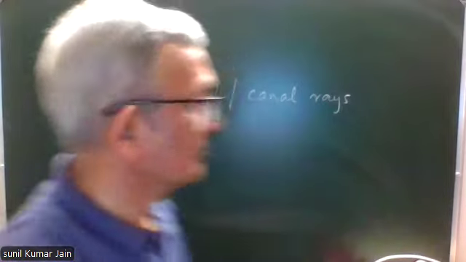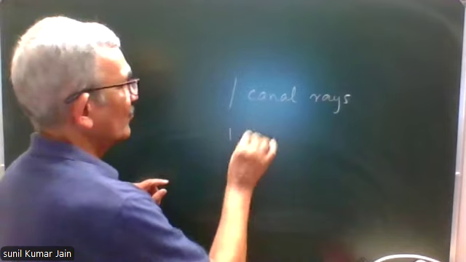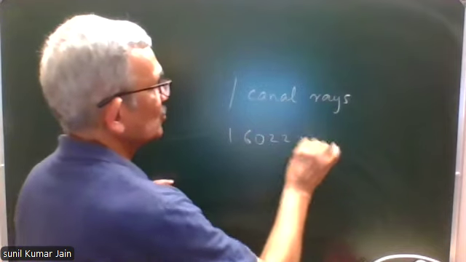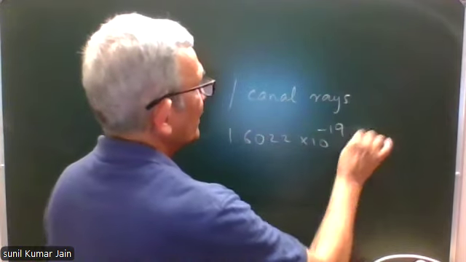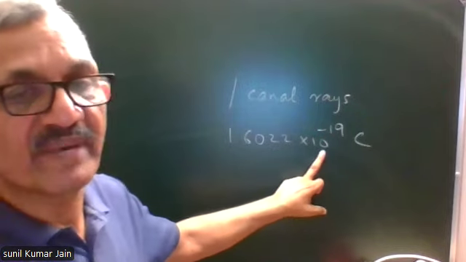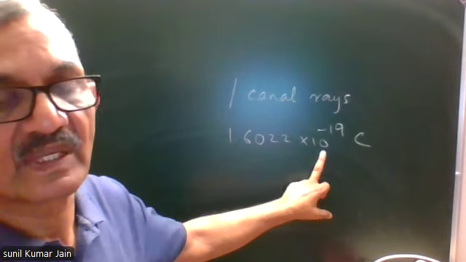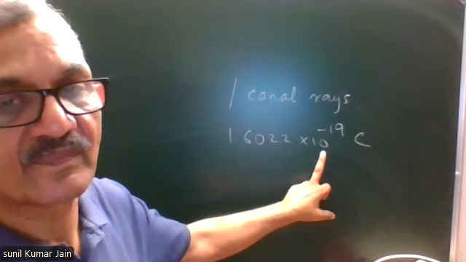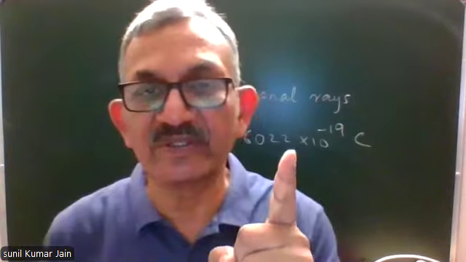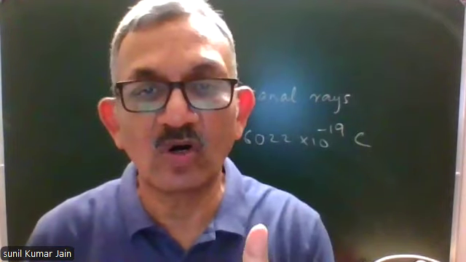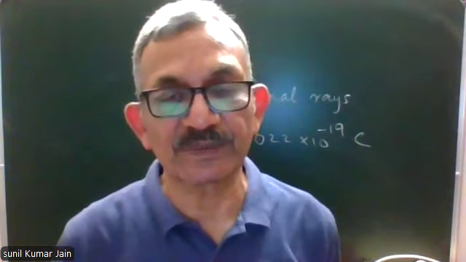They carry 1.6022 × 10⁻¹⁹ coulomb. That is 1 unit of positive charge.